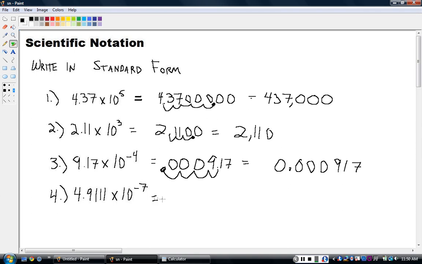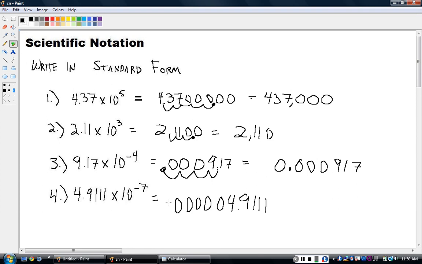Okay, how about this one? 4.911. Notice I'm leaving myself some space over here to do this. 1, 1, 1 times 10 to the negative 7. So I'm going to need a few zeros in here because I know I'm going to have to move 7 spots from that decimal.